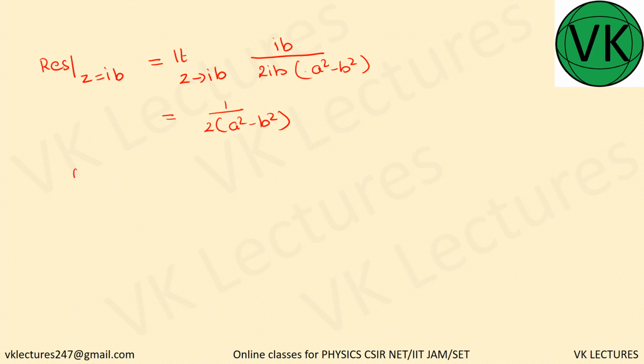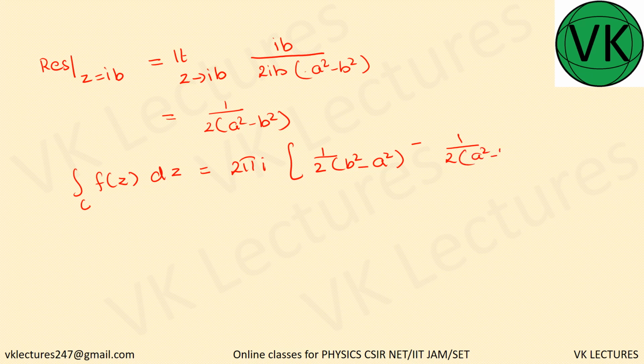So the integral over c f of z dz is equal to 2 pi i into 1 by 2 b square minus a square minus 1 by 2 a square minus b square, which is equal to 0.